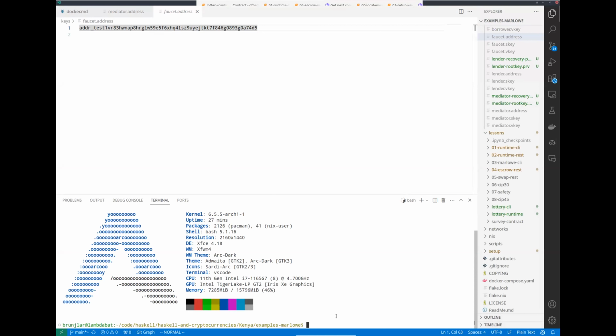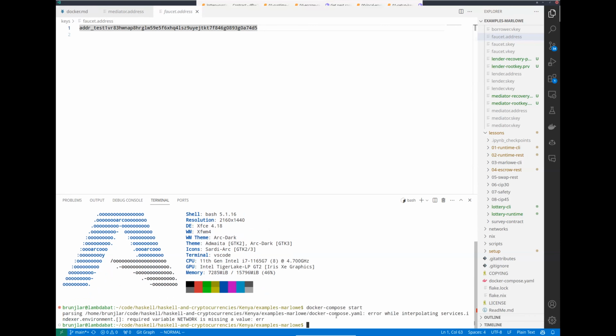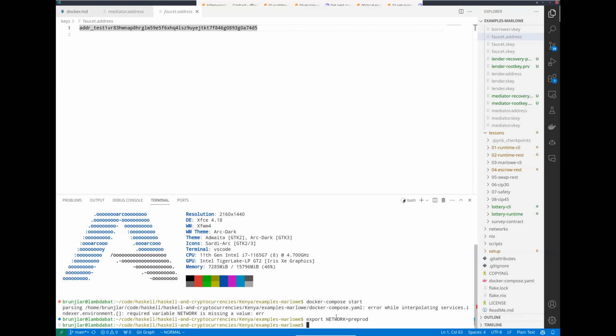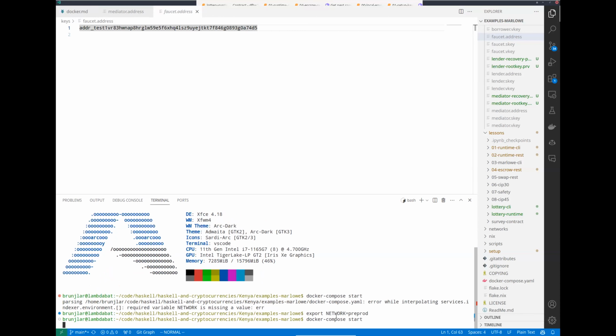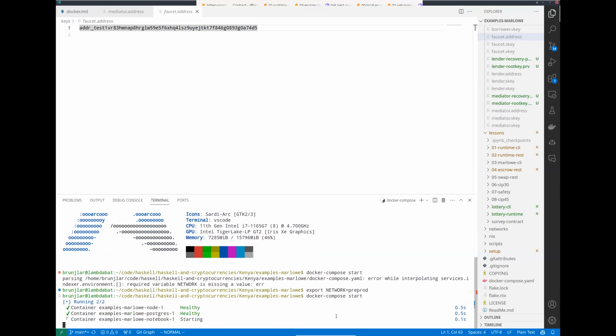So I now just have to do docker compose start, because I already set it up, and I must specify the network. So I can quickly get started.